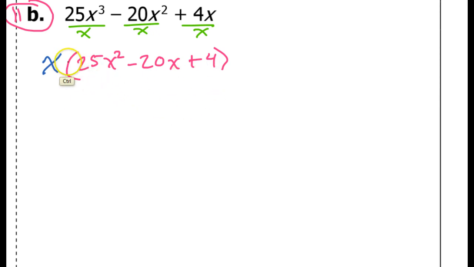So it is time to factor this red trinomial. So I'm doing the box method, so here I go. We will need a product and a sum. The product has to be A times C. So that's going to be 100. The sum has to be the B value.